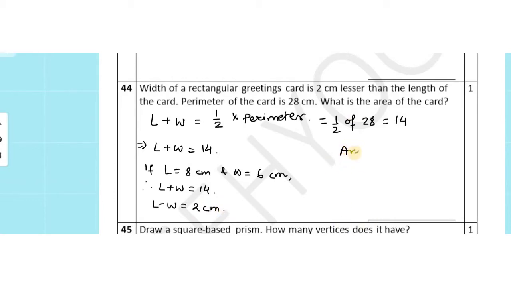So, length is 8 centimeter and width is 6 centimeter. Area of the card is length times width, 8 times 6, which is 48 centimeter square. For area, the unit is square unit. So, centimeter square.